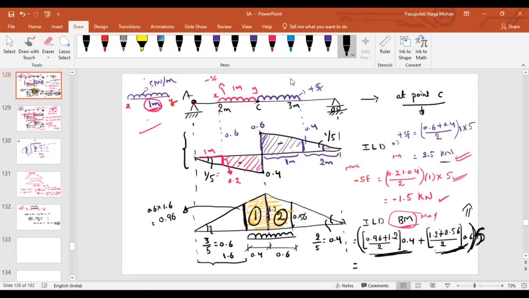Until and unless you tell me the value, I can't go further. Overall 0.96. That's it. Very less. Can others please confirm whether we are getting 0.96 in total or not? Guys, please be active. If you guys have any queries, let me know.